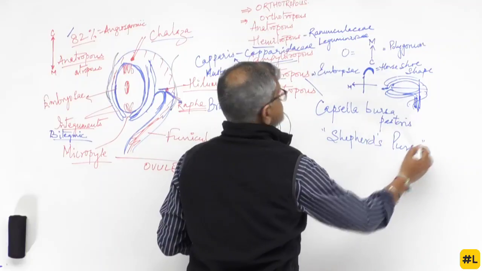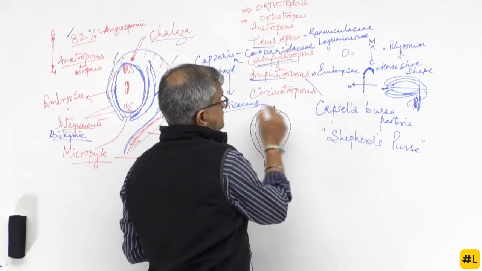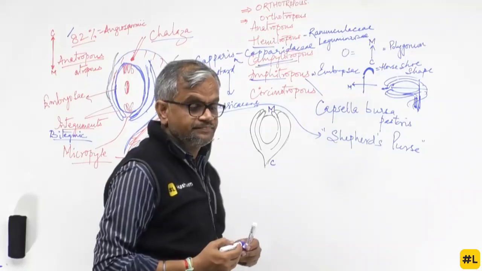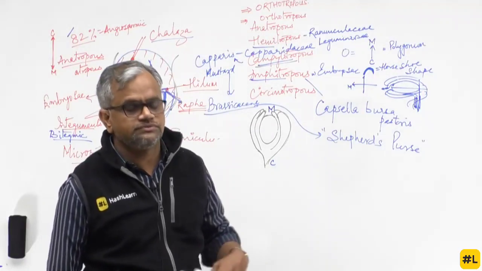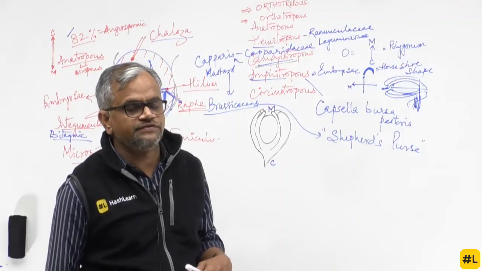Again, my dears, this is a member of Brassicaceae. The family is the same. It is also found in a few conifers. Not in all, few conifers.